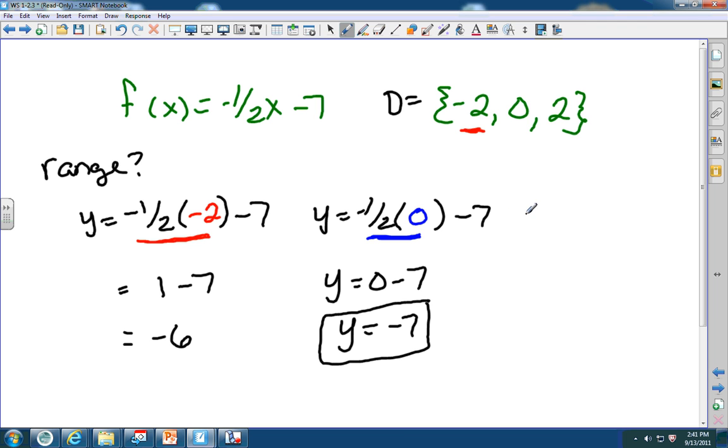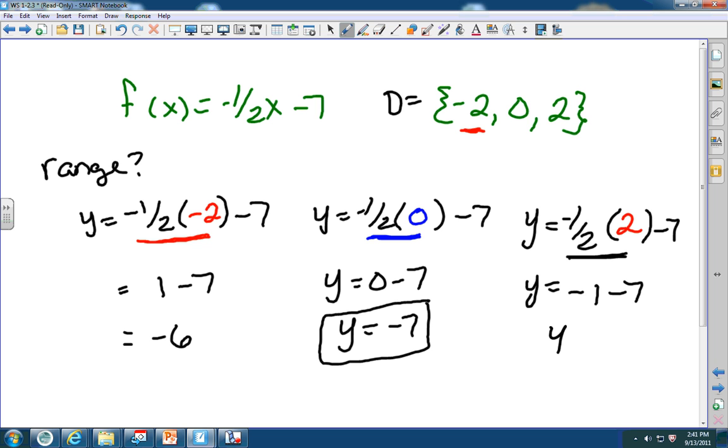The last one you should have gotten is y equals -1/2 times x minus 7. We're going to take it times 2. Y equals, if you multiply these two together, I get -1 minus 7. Y equals -8.